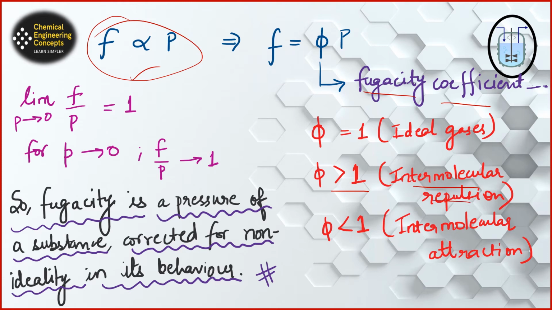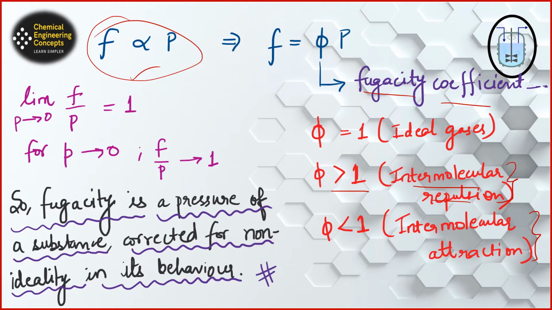If the fugacity coefficient is less than 1, we have intermolecular attraction. Intermolecular repulsion you can understand for the gas phase, other than the liquid. If we talk about intermolecular attraction, it could be solid and liquid, right? I hope you are following me on this.